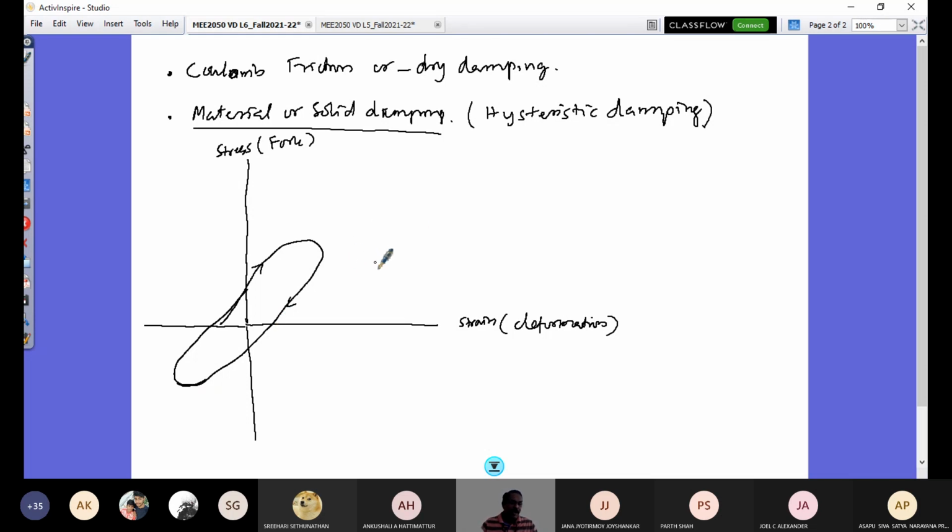So how do you get this energy dissipation understanding? So look at now again graph. I'll take here strain and stress, and let me take this cycle represented from here. That goes here and then comes back. It is not smooth bending, it is going sharp, like that it will come.